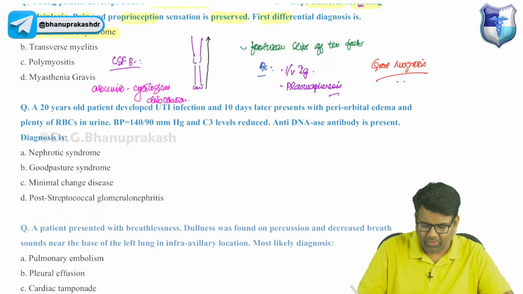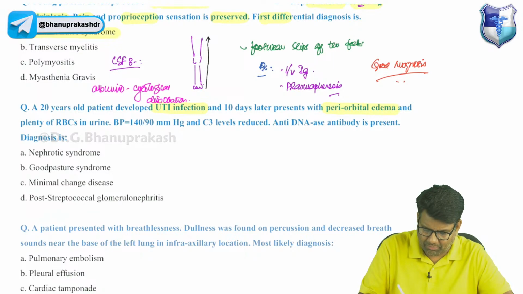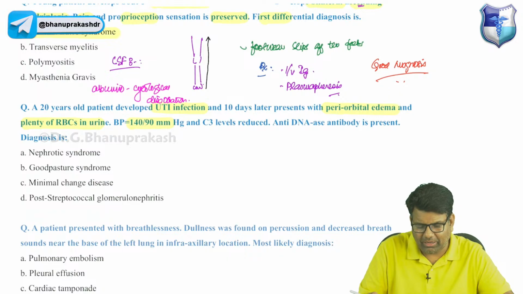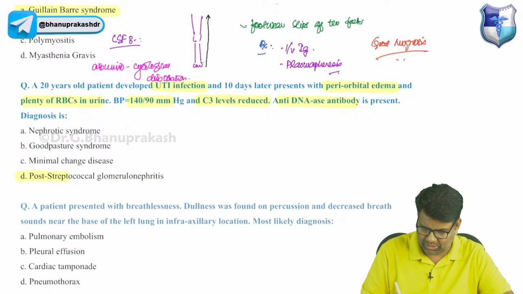Next question. There is a history that the patient developed a UTI, and then he developed periorbital edema and plenty of RBCs in urine. Blood pressure is high and C3 levels are low. There is anti-DNase antibody. Very clear, this is post-streptococcal glomerulonephritis.